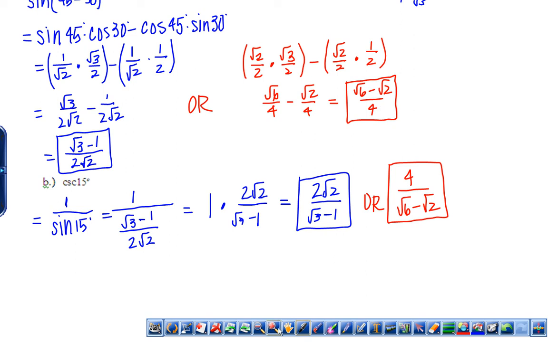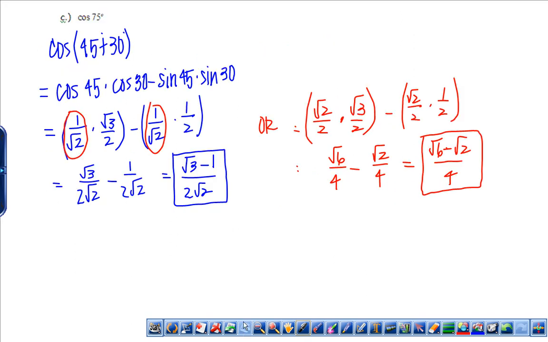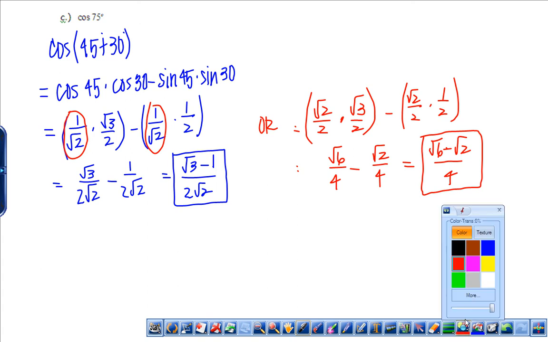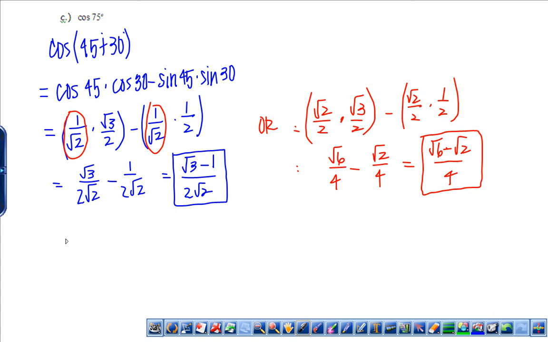So why is it exactly the same as sine of 15? Well, it's exactly the same as sine of 15 because cosine of 75 degrees is a cofunction, and we used this yesterday.